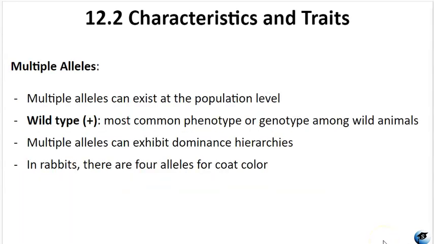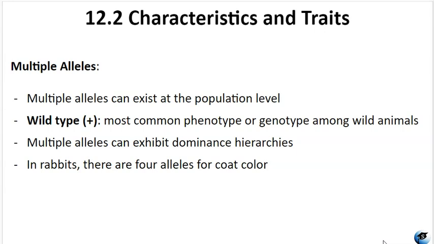Mendel suggested that only two alleles, one dominant and one recessive, exist for a given gene. But we now know that this is an oversimplification. Multiple alleles can exist at the population level, resulting in many combinations. And the most common phenotype or genotype among wild animals is designated as the wild type. Multiple alleles can exhibit dominance hierarchies.